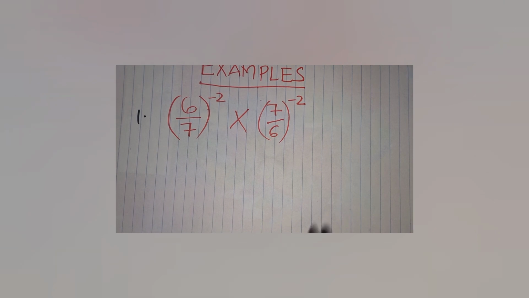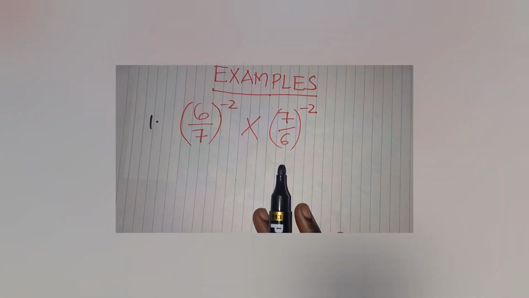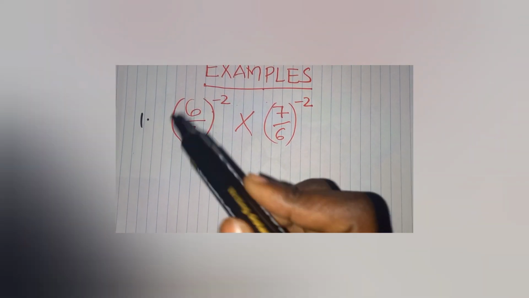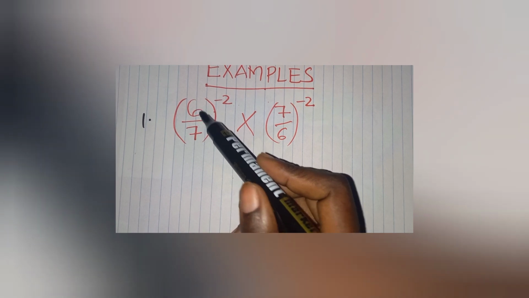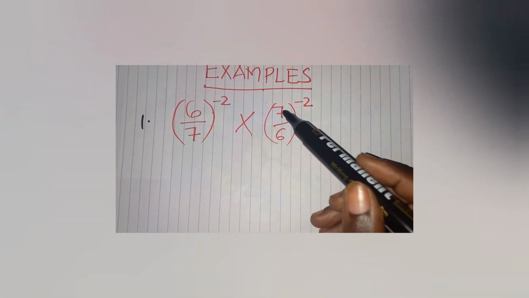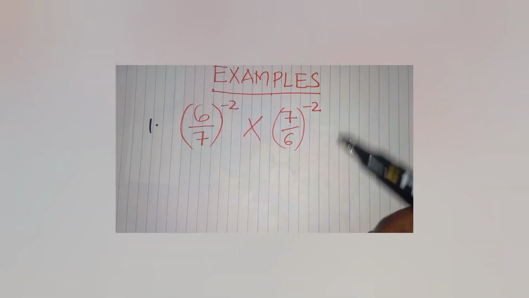Let us look at a few examples. So now you can apply the laws of indices that we've learned. In this example 1, you are given (6/7) raised to power negative 2 times (7/6) raised to power negative 2.